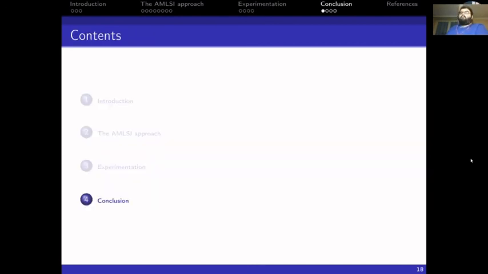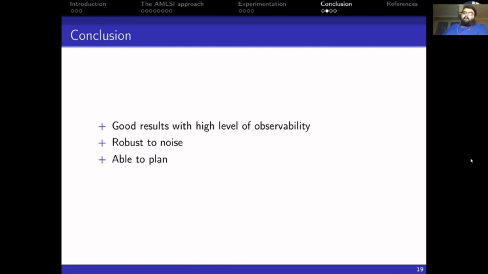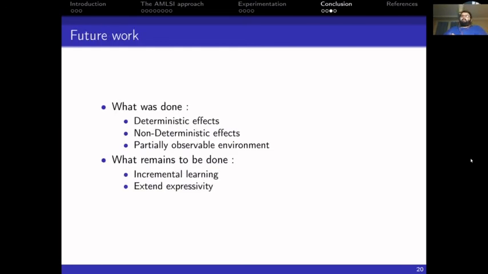To conclude, AMLSI has good results with a high level of observability and it's robust to noise, so AMLSI is an accurate algorithm to learn planning domains. So in this version of the algorithm, we are able to learn planning domains with partial observation, with deterministic and non-deterministic effects in the observation.